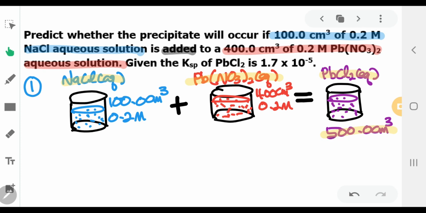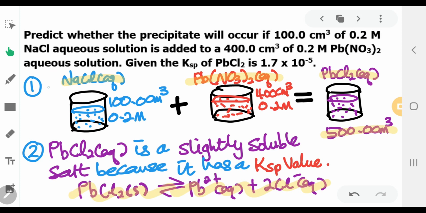Second, what the question tells you is the lead chloride, PbCl2 aqueous solution, is a slightly soluble salt solution because it has a Ksp value. That is how you know whether the salt is slightly soluble salts. When the salt given in the question has the Ksp value, it will be the slightly soluble salts.